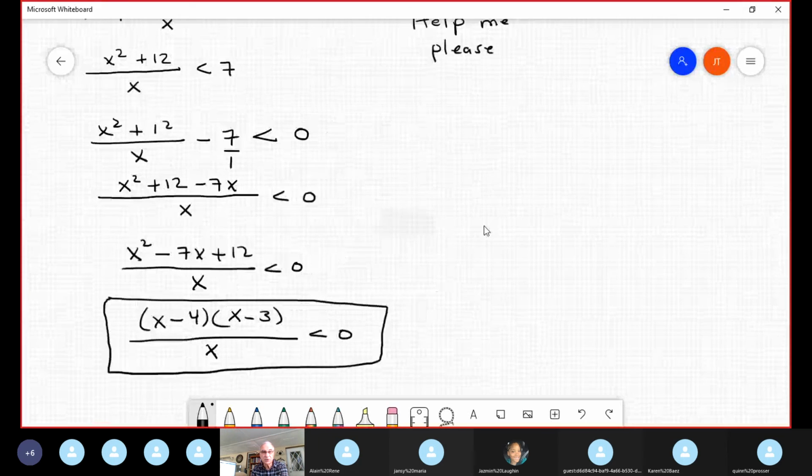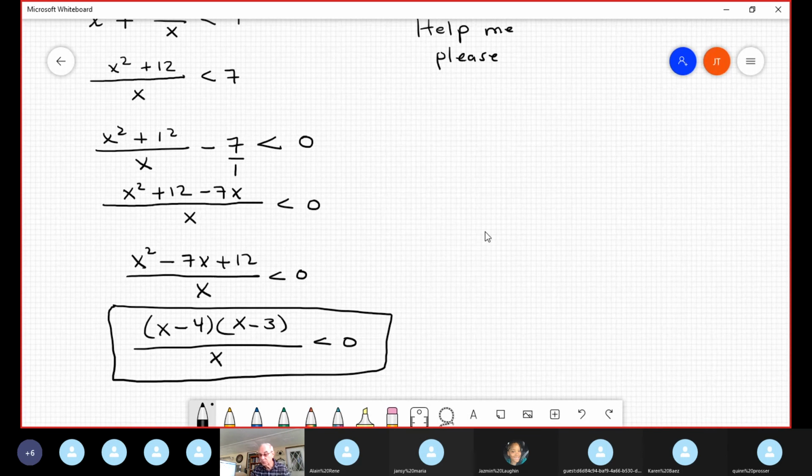No, the original region. So basically, you expect in the test, okay, you need to do manipulation. The inequality given in the test is not ready to analyze. You need to manipulate. Apply some algebra. Don't forget to express the right-hand side as 0 and factorization.